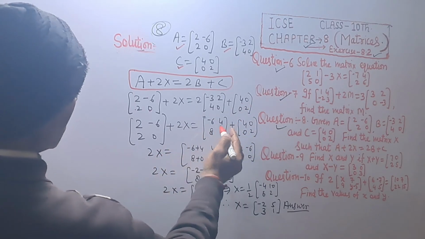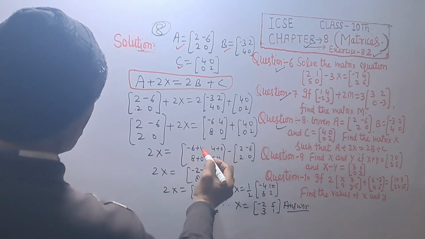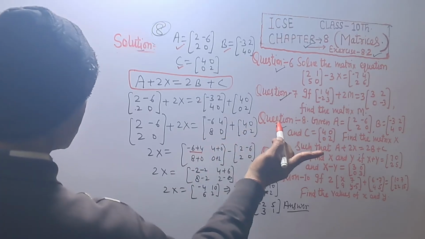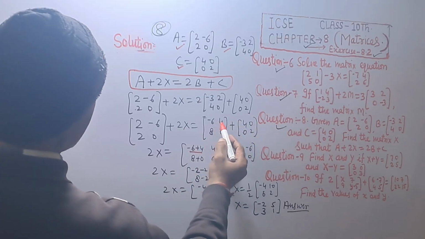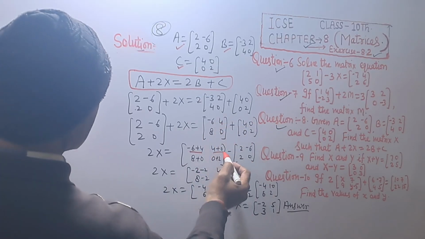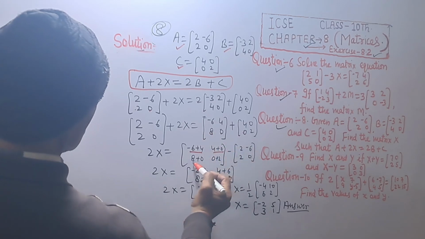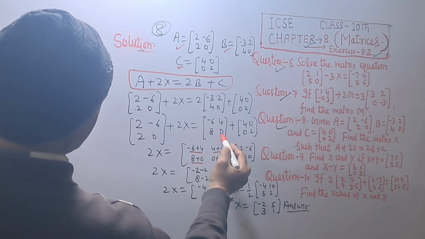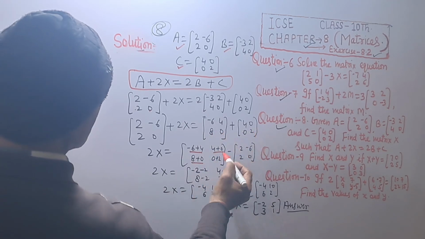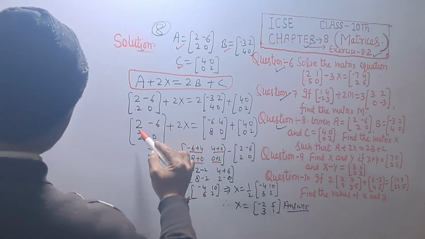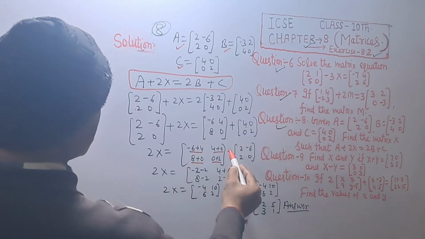2x equal to: -6 plus 4 is -2, 4 plus 0 is 4, 8 plus 0 is 8, and 0 plus 2 is 2. And we are shifting the left side to the right, so this will be negative.